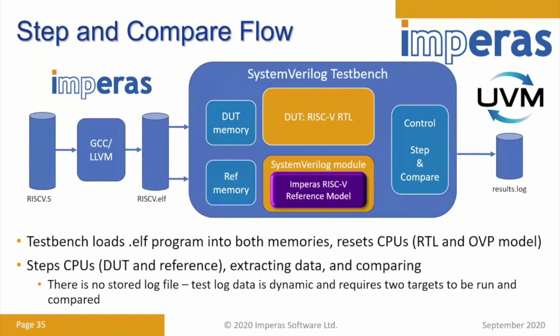The real benefit of this is that you can run this in a step and compare environment. We have customers who are now doing this, and this is what we do as part of the Open Hardware group, where you have effectively two processors side by side, one which is the RTL implementation of the intent, and then an OVP model which is wrapped in DPI with the correct configuration parameters based upon the target that you're implementing.